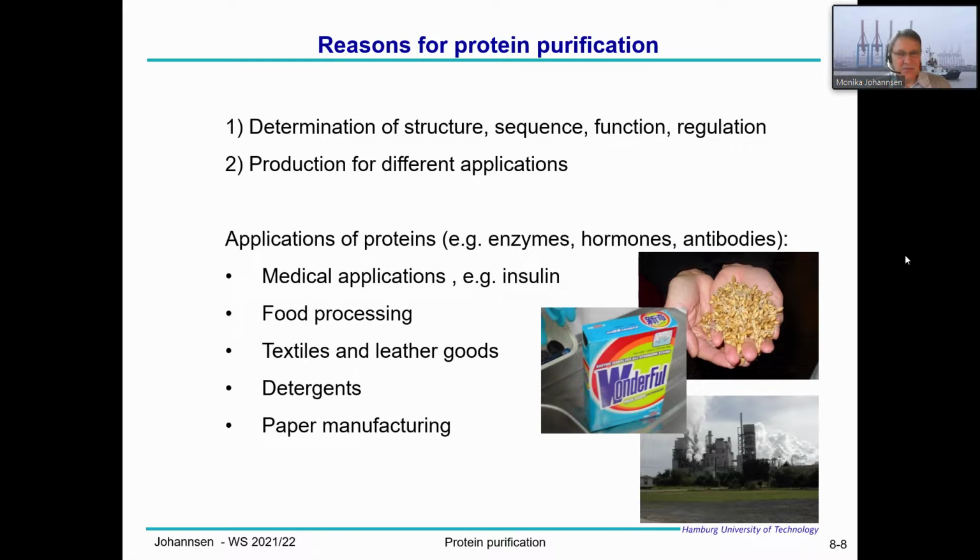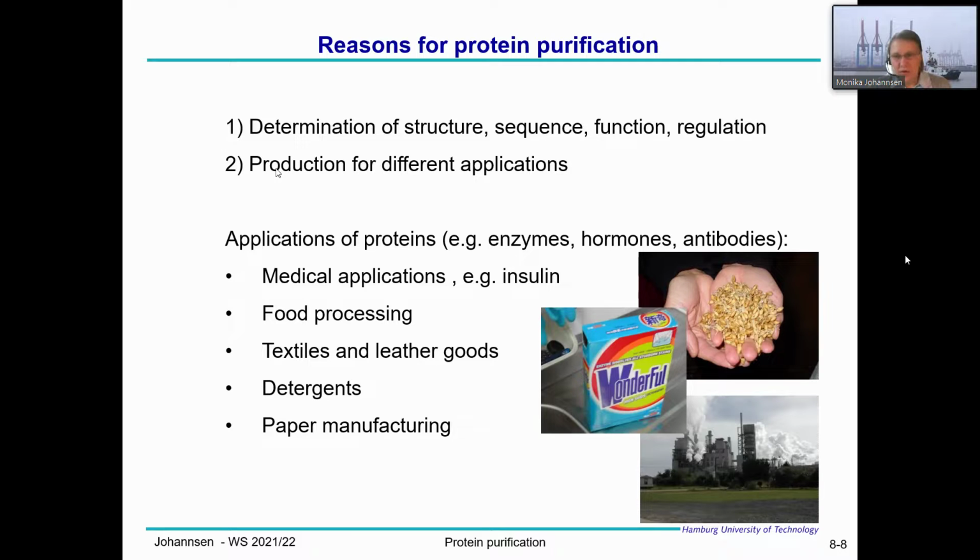Okay, so once again, the reasons for protein separations. On one hand, we might be interested in the structure, the sequence, the function, or the regulatory effect of certain proteins, and in order to investigate these, we first need to purify a single protein.